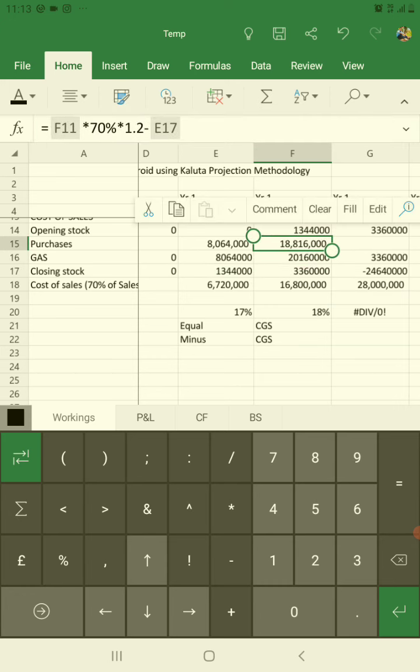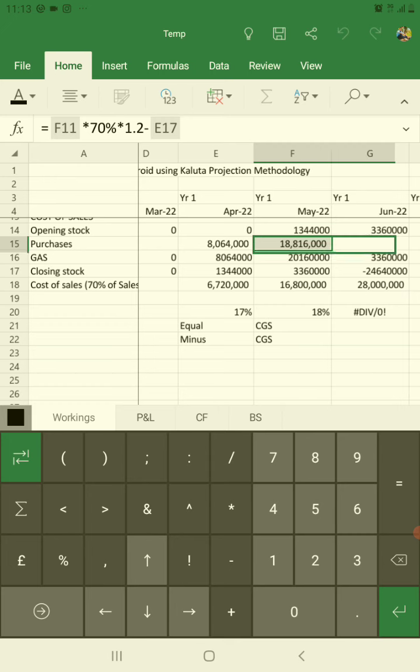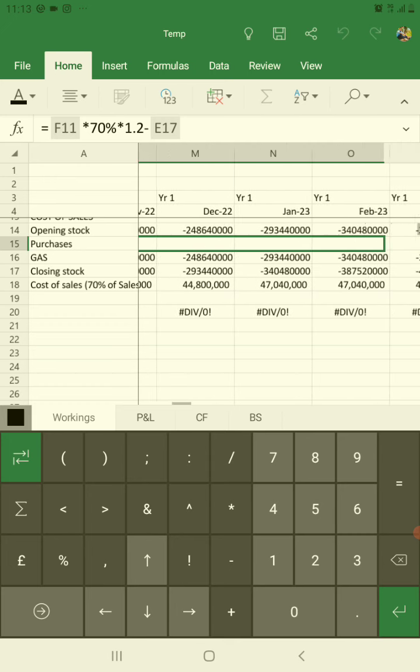And this formula now is going to be true throughout the planning horizon.